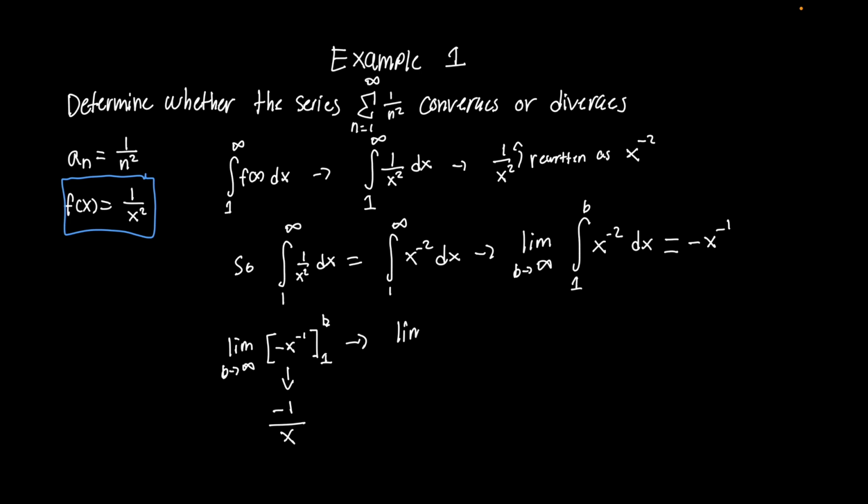We'll have the limit as b approaching infinity of, let's plug in b first, so it's going to be negative 1 over b minus negative 1 over 1, which I'll just write as negative 1.